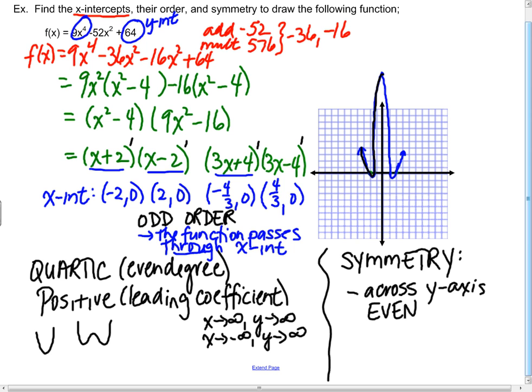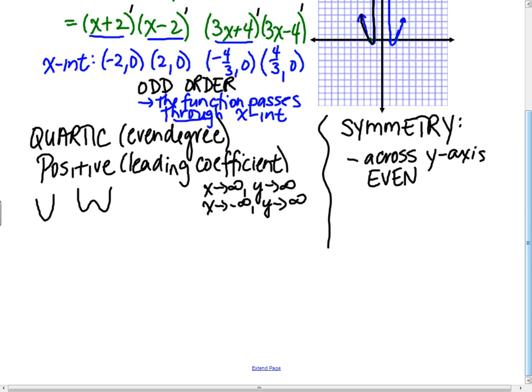To check that something is even, we have this little thing we can use where if I substitute negative x into the function, I should get exactly the same as the function. So it's saying that the function on the left side is exactly equal to the function on the right side. So let's see if that is the case.